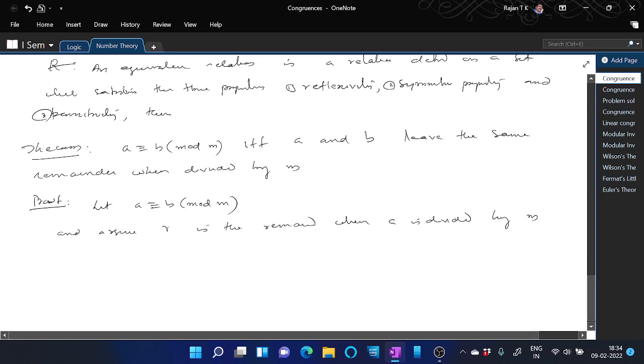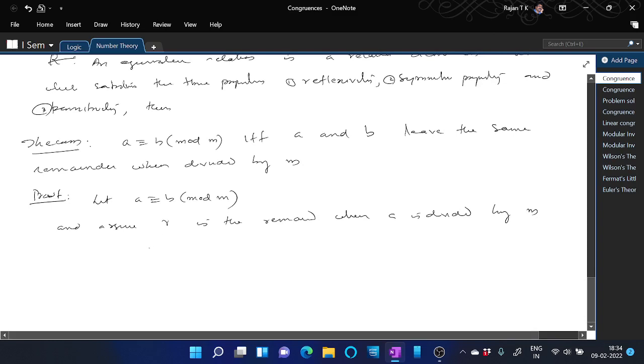When A is divided by M, suppose R is the remainder. Then by the division algorithm, since R is the remainder on division by M, we can write A as some Q into M plus R, where Q is the quotient.